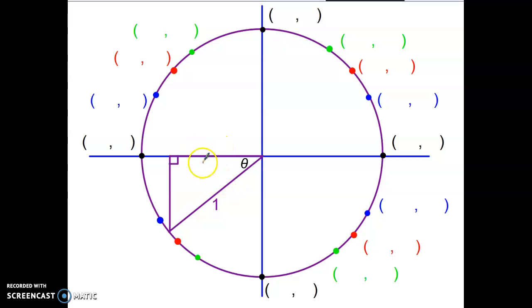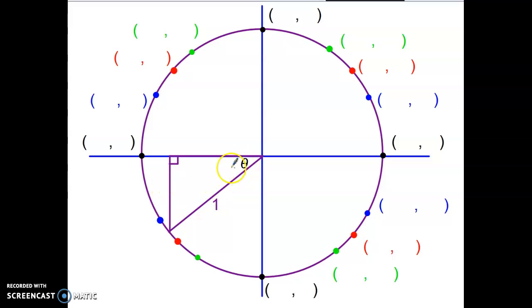Well, I can see that this part is going to be negative because I'm in the negative part of the x-axis. So cosine is going to be negative. Sine is opposite over hypotenuse. So opposite is here, and I can see that I'm negative, like the y-axis is negative down here. So sine will also be negative, sine going with y.